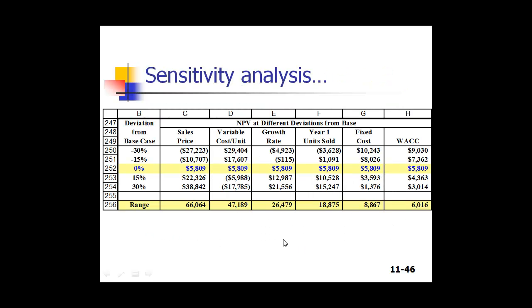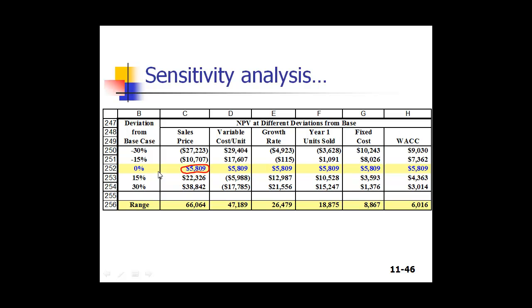So let's look at what's going on here. I'll just refresh your memory. The example that we talked about earlier, we made assumptions about lots of stuff. Do you recall those assumptions? Yeah, we assumed a certain constant sales, we assumed certain inflation, a certain tax rate, a certain selling price, certain costs, and then do you recall what NPV we got? Yeah, it was actually this number. So nothing wrong with not remembering this.